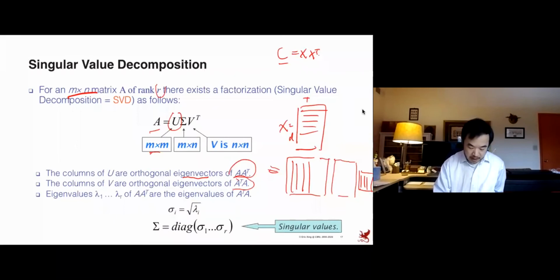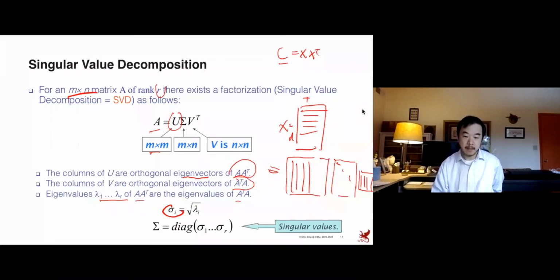The eigenvalues, the lambda in this, have a relationship with the eigenvalues in here, like this. The sigma, the values in here, correspond to the square root of the eigenvalues of these matrices.